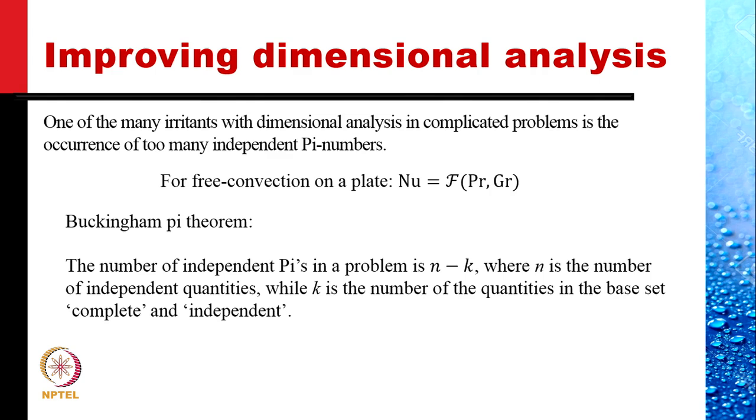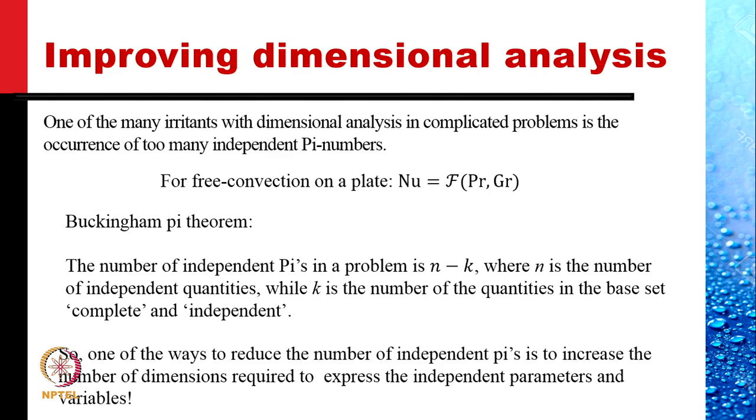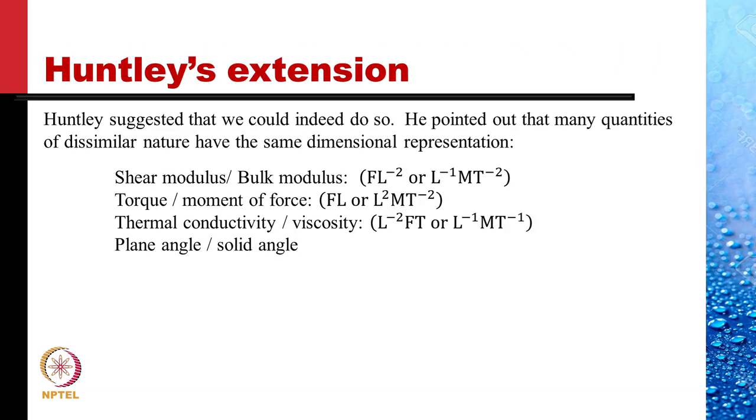So can we increase the number of dimensions? One way to reduce the number of independent pi's is to increase the number of dimensions required to express the independent parameters and variables. Hunter suggested that we could indeed do so.